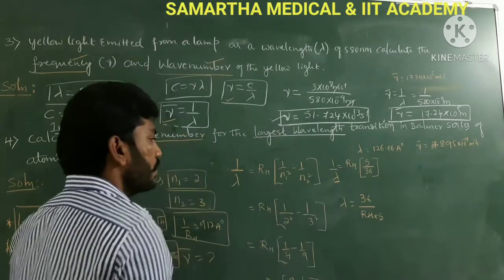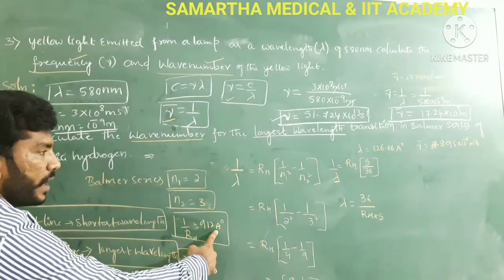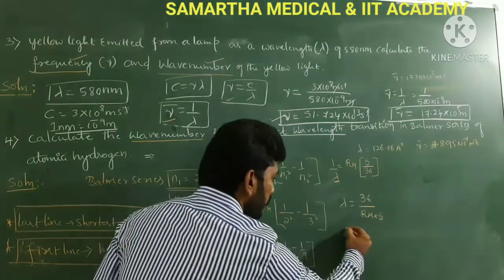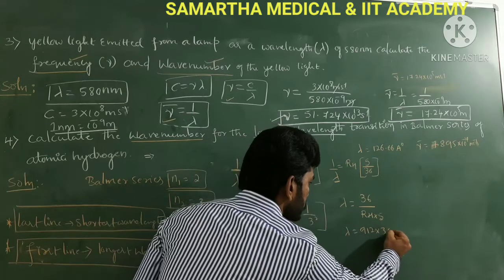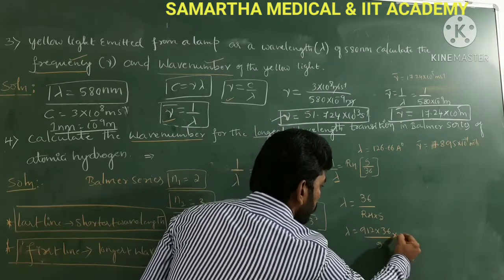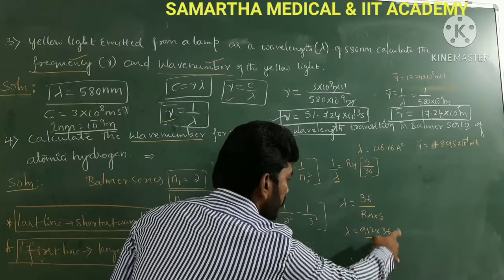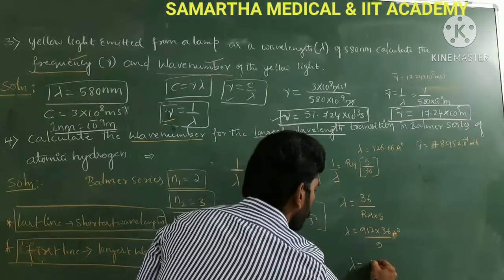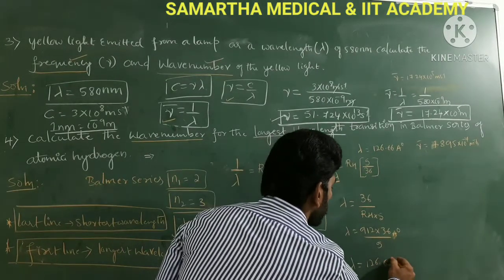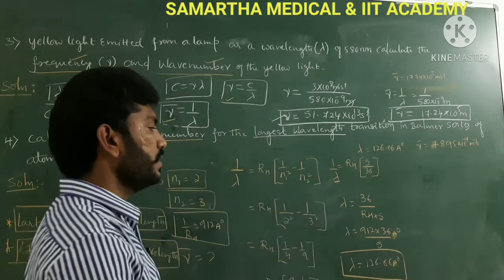We know 1 by RH is 912 angstrom, so substituting, lambda equals 912 into 36 divided by 5 angstrom. Simplifying, the lambda value is about 126.66 angstrom.